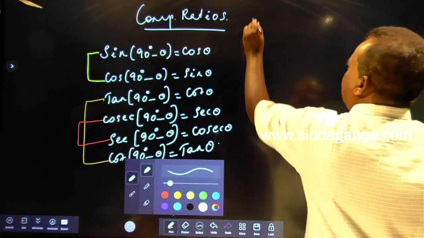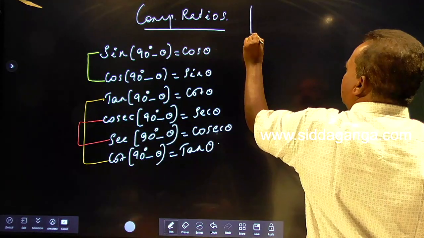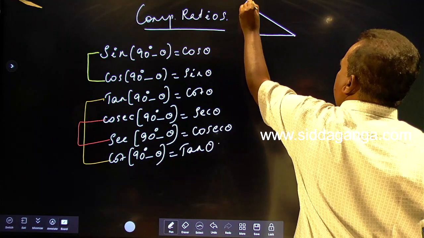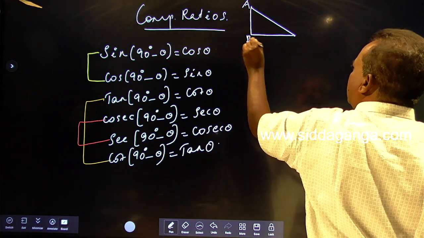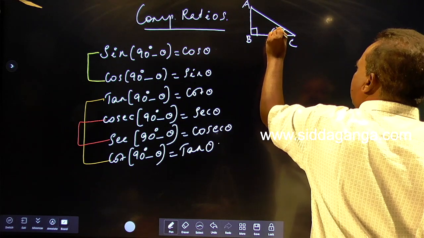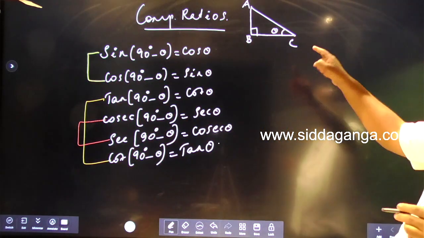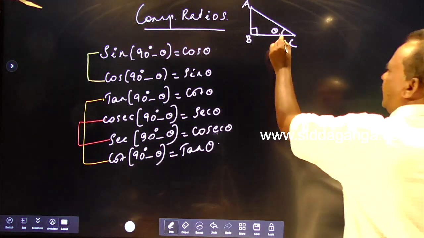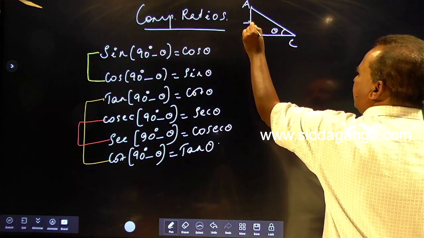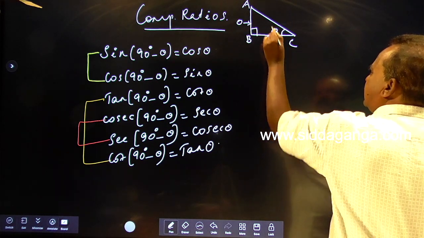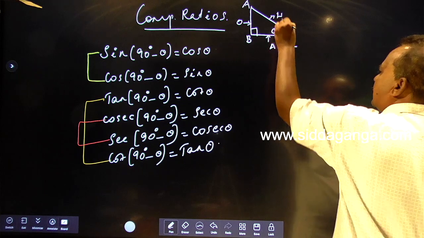See, this is a right angle triangle ABC. This is right angle, this is theta. Okay. How do you define sin theta? For theta, this is opposite side, this is adjacent side, and this is hypotenuse.